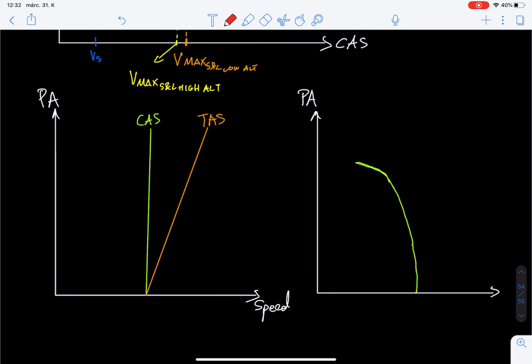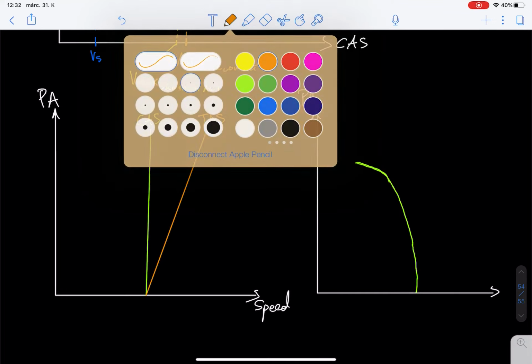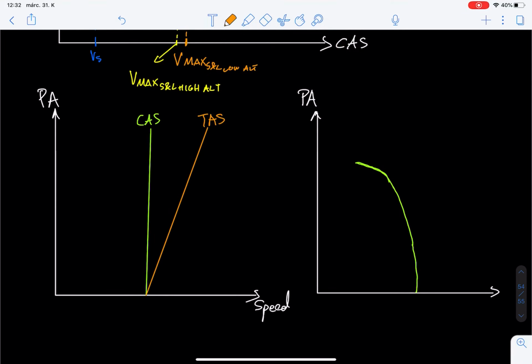Okay, however, what we can see is that if the calibrated airspeed is going to decrease, it doesn't necessarily mean that the true airspeed is going to decrease as well. So initially, when the decrease in the calibrated airspeed with the increase of altitude is small, in that case the true airspeed is just going to increase less. That makes sense? So for example, if you were maintaining a calibrated airspeed, let's say this would be your gradient, like this was your true airspeed.